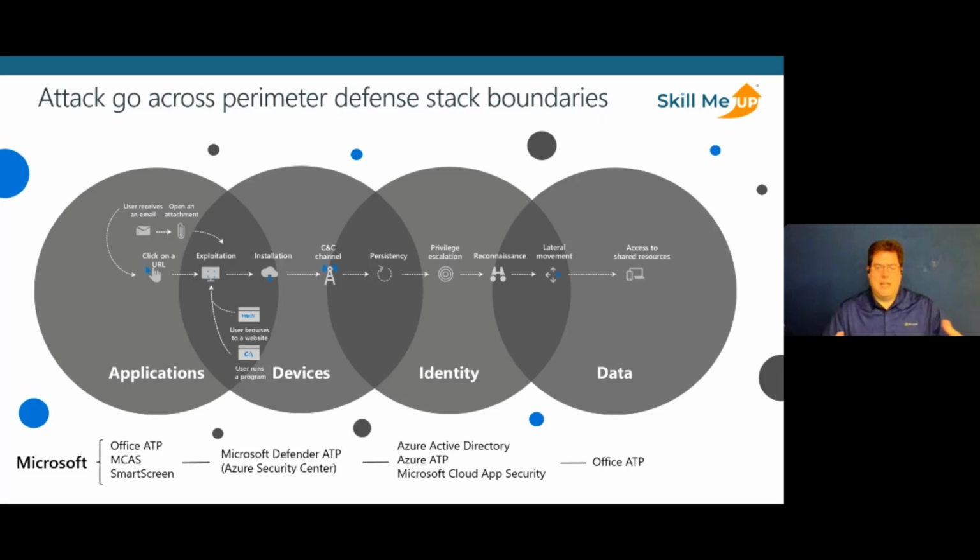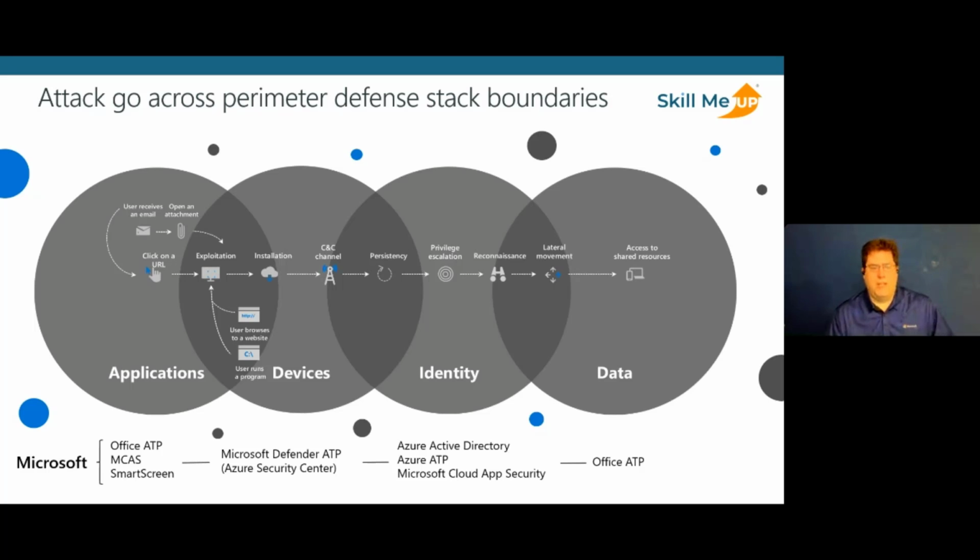But overall, it's now a full ecosystem, and that XDR ecosystem is now made up of the Office Advanced Threat Protection, the cloud application security services that Tim and I talked about in our last talk. Microsoft Defender ATP is tied much closer now into Azure Security Center.